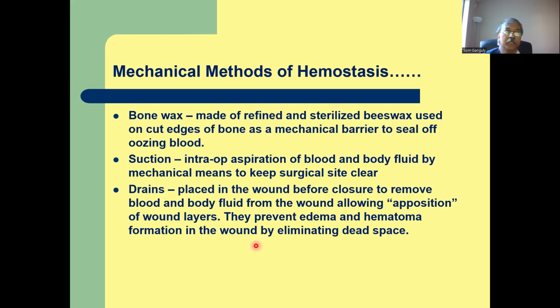After the removal, there is a pocket, a dead space created, and even after controlling bleeding during the surgery with hemostatic agents, mechanical or chemical, it tends to bleed very slowly, but over time that bleeding needs to be evacuated from that area. Otherwise, there will be a large hematoma formation. Hematoma will prevent wound closure.